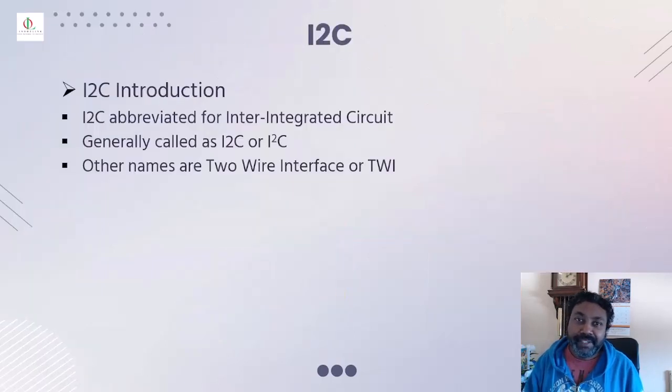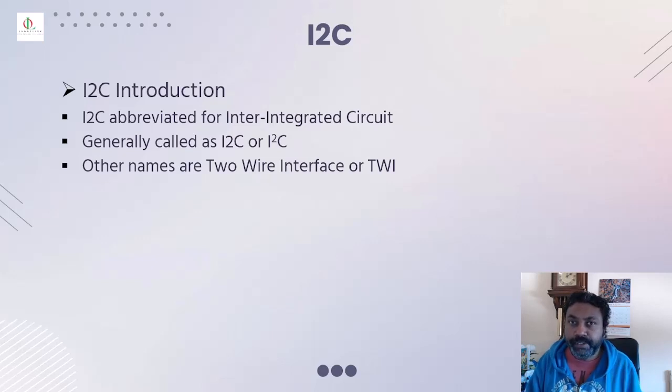What is I2C? As most of you know, because you have gone through your engineering days, you might have heard this term or this icon many times, and you would also know its abbreviation. I'm just giving a recap. I2C is abbreviated for Inter-Integrated Circuit, and generally it is called I2C.